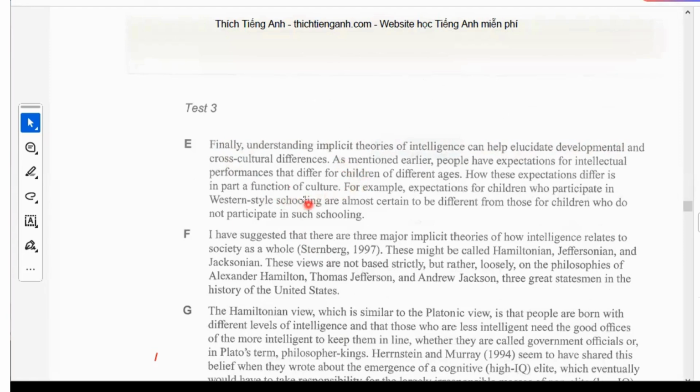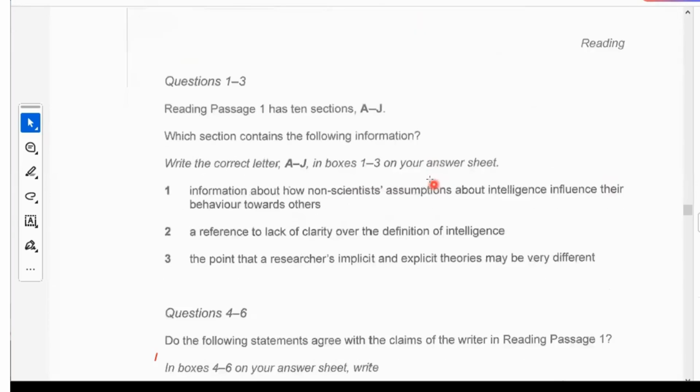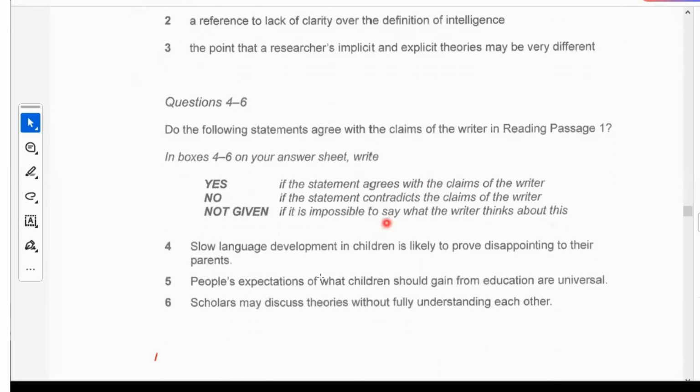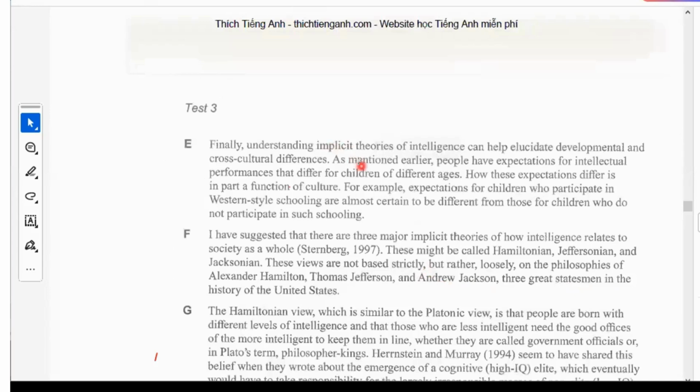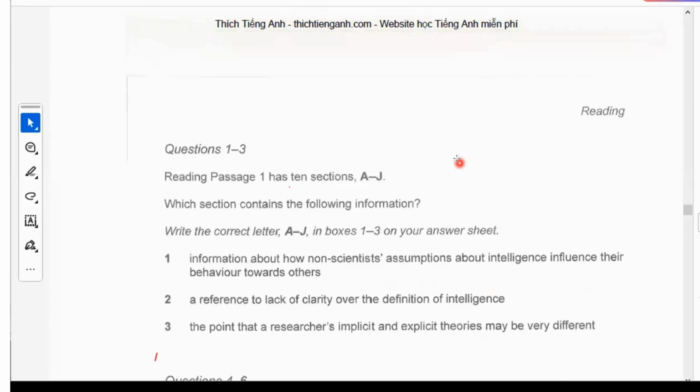Western style schooling. As mentioned earlier, people have expectations for intellectual performance that differ for children of different ages. Hold on, our answer should be here. Can you see the way I've scanned and I've reached the paragraph that contains my keyword? People's expectation of what children should gain from education are universal, okay? Now look at it. As mentioned earlier, people, I saw people there.